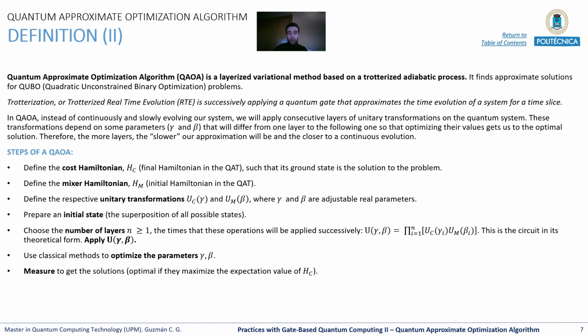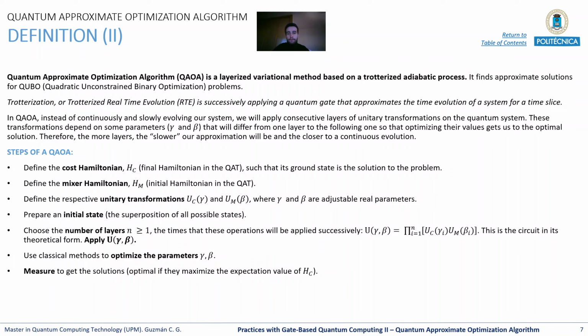We will not be evolving our system exactly, but we will do something similar by applying consecutive layers of unitary transformations to the system. These transformations depend on some parameters. As I said, we will call them gamma and beta. You will find some literature with other Greek letters.